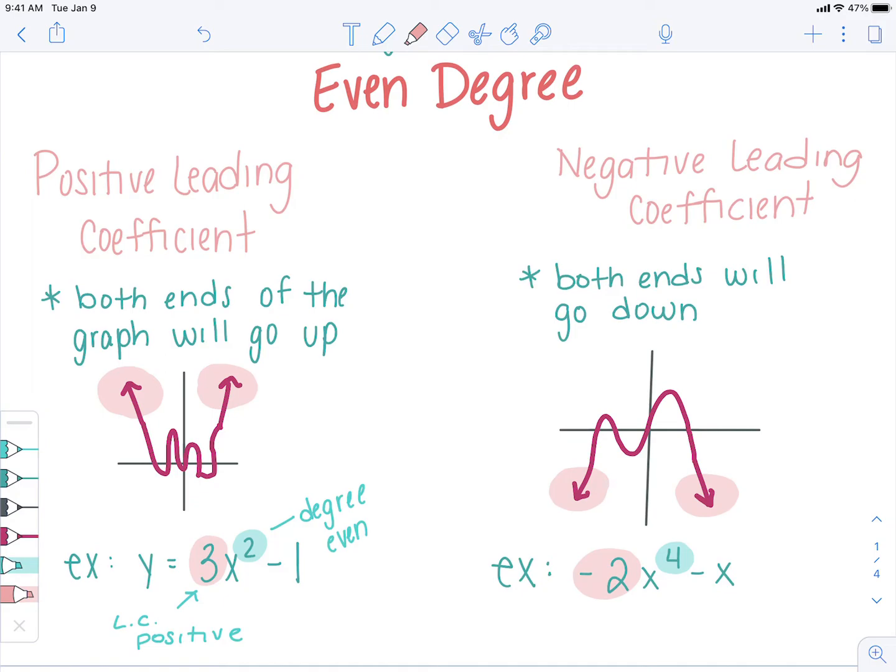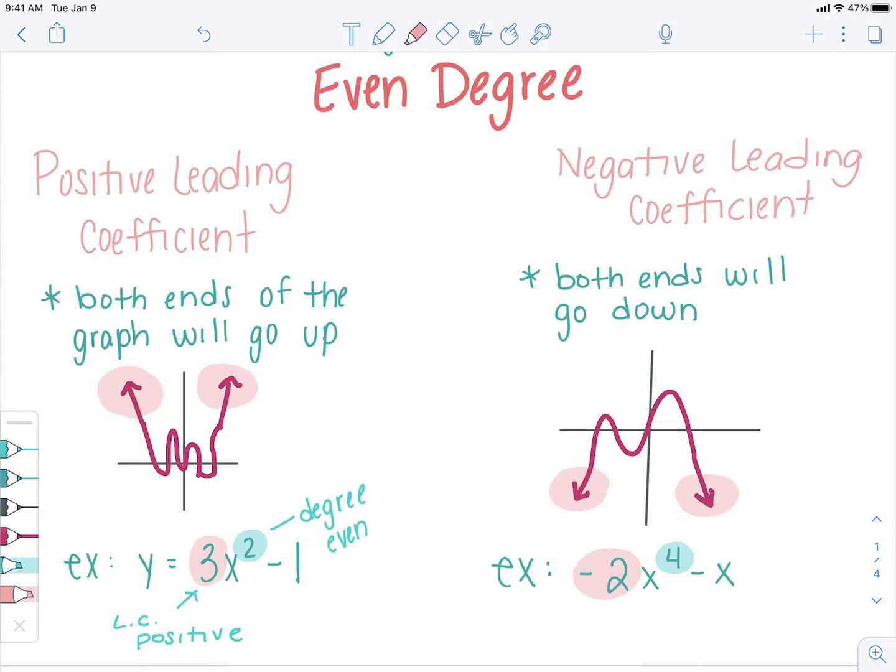So your homework is going to ask you sometimes to look at the graph and decide if it's even or odd, and if it's a positive or a negative. And sometimes it's going to ask you to look at the equation and decide if it's even or odd or positive or negative. So sometimes you'll pick out like, oh, both ends of the graph are going up, so it's even, and it's positive.